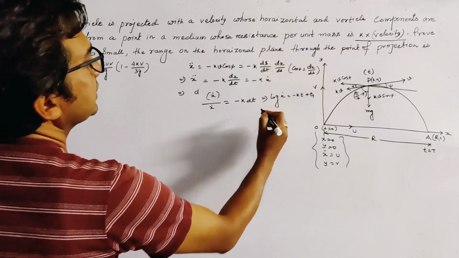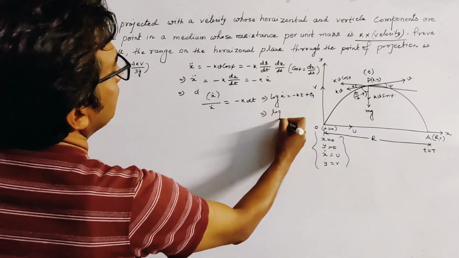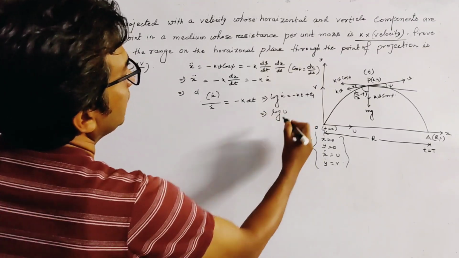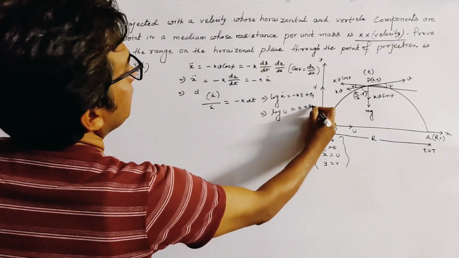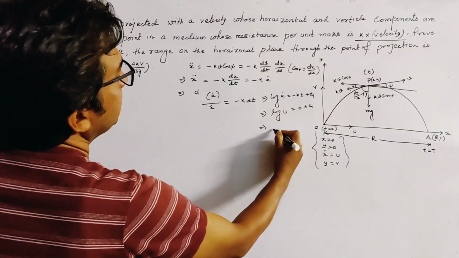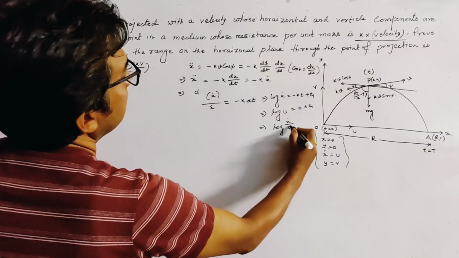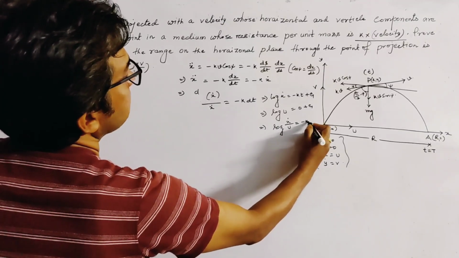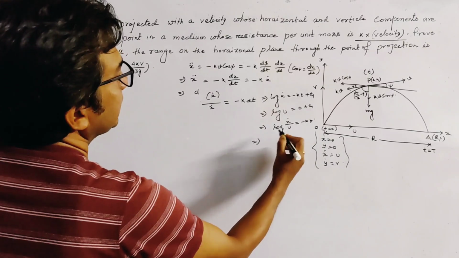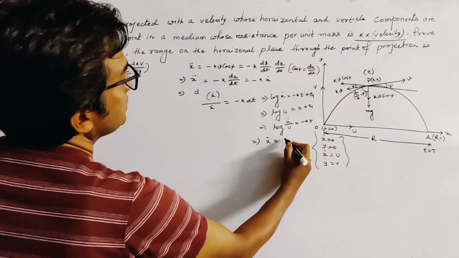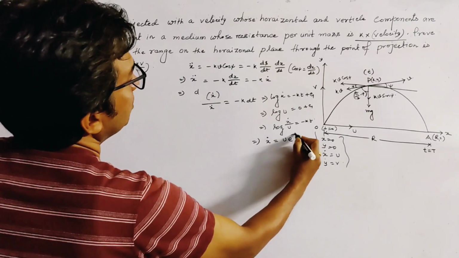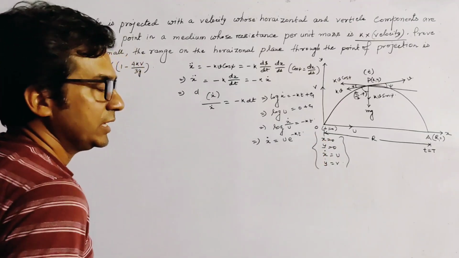So we get log u equals 0 plus c1. Then log of x dot by u equals minus kt, that is, x dot equals u into e to the power minus kt.